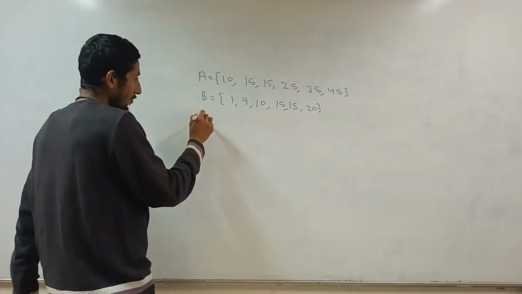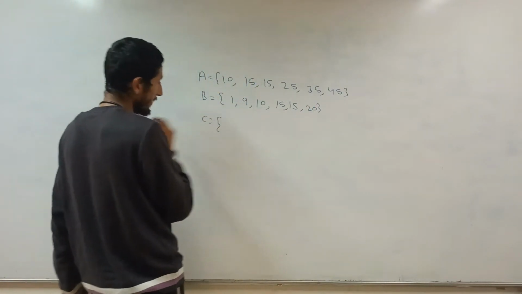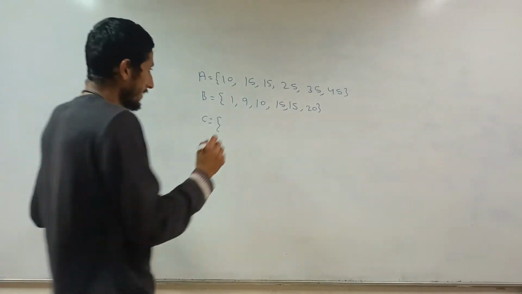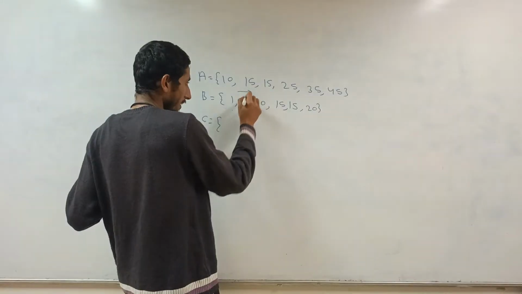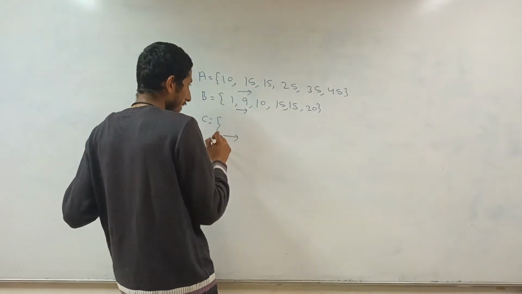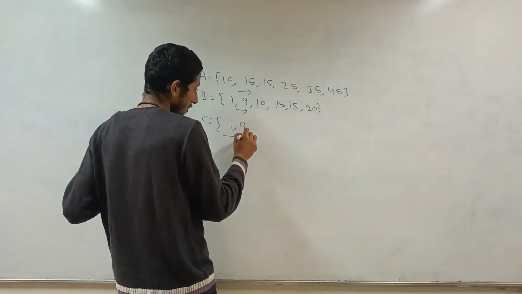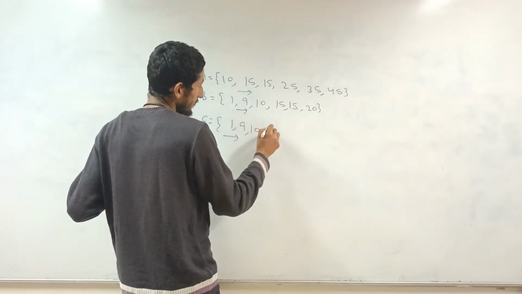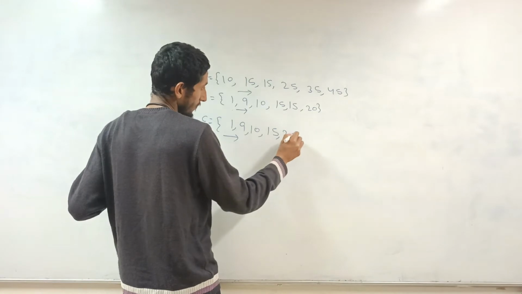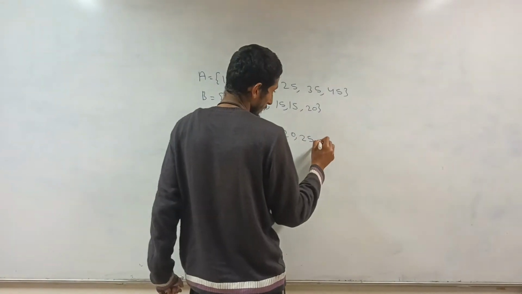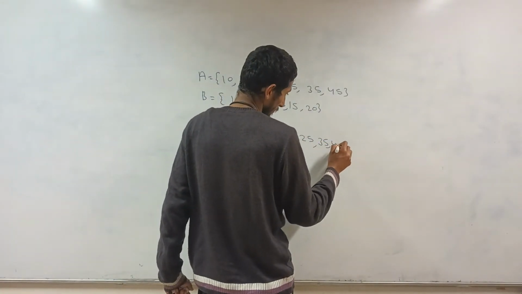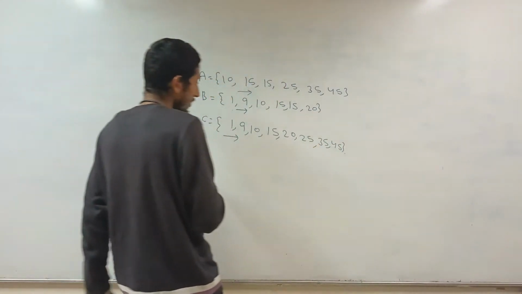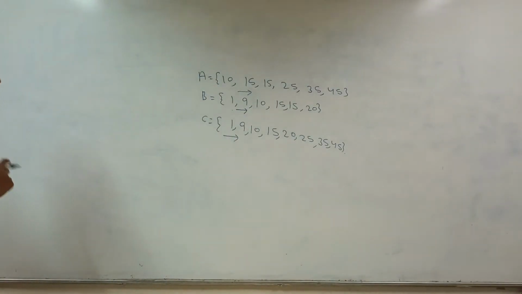First of all, you have to design a C array that contains elements from both arrays in increasing order and removes the duplicacy, like this. So the first target is how you can remove duplicacy.